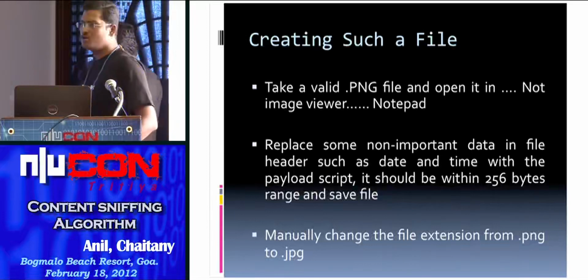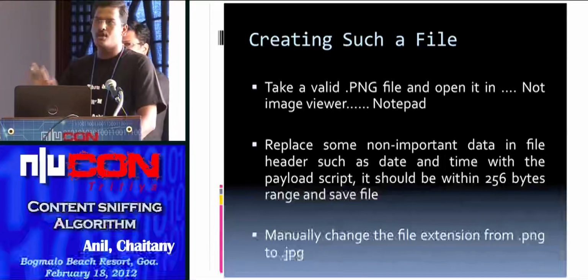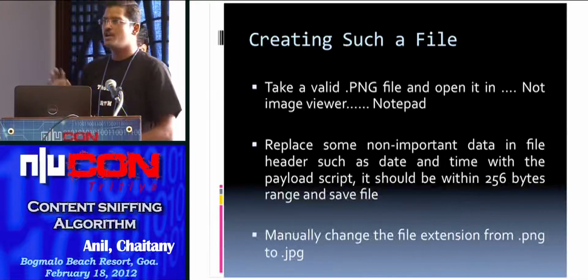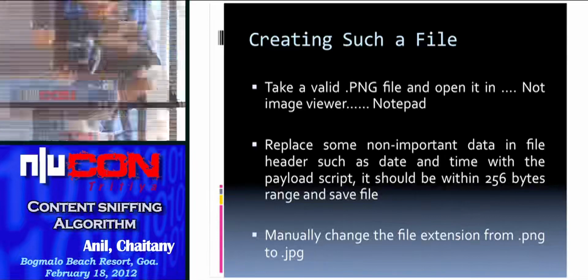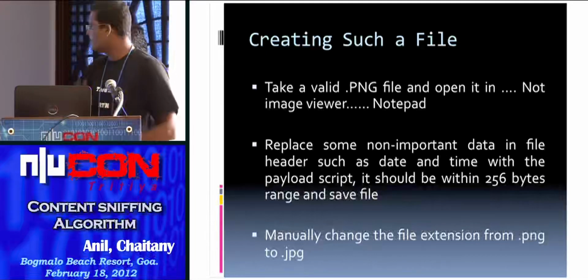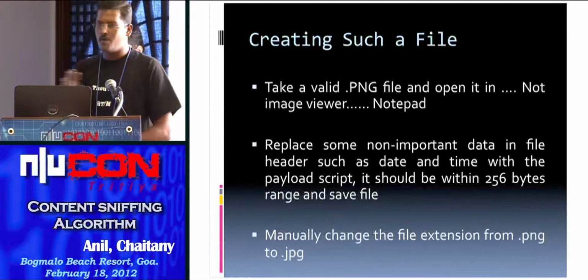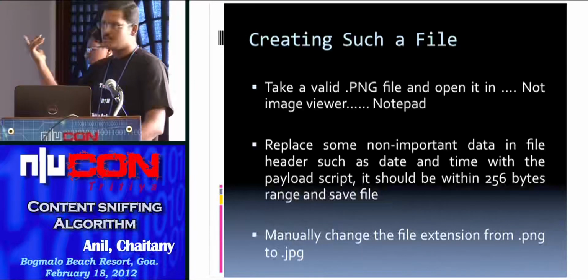Those are non-important data which will not affect image viewing or graphics. So you can change that data and replace it with your malicious script. Your image will be valid, the graphics will be perfect with no change, and then just rename it to some other extension.